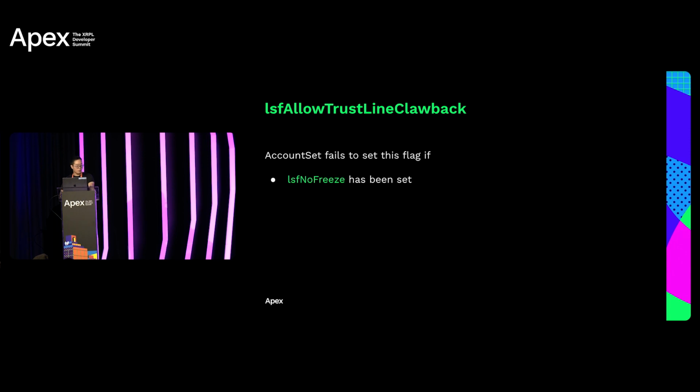The first restriction is if the No Freeze flag has been set, then trying to set Allow Trustline Clawback will fail. It's also worth noting that the No Freeze flag is a permanent setting that cannot be reversed.